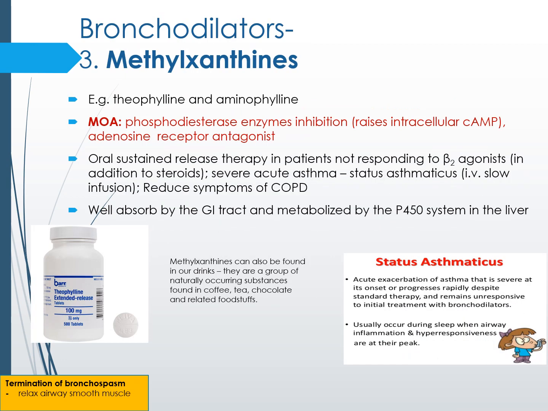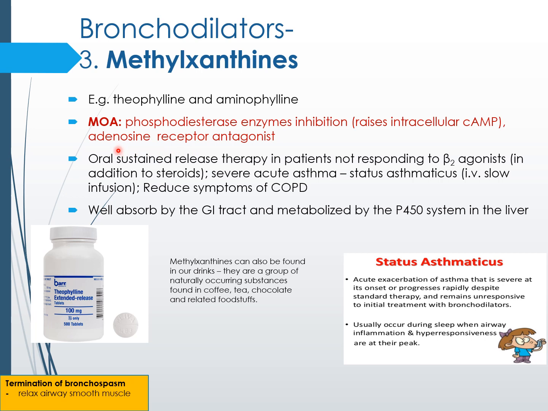Okay, the next class of drug is methylxanthines. Examples are theophylline and aminophylline. Mechanism of action of this drug: it inhibits the phosphodiesterase enzyme, which raises the intracellular cAMP, which is the second messenger involved in the activation of receptors.